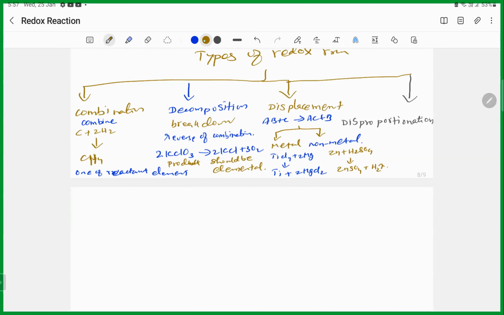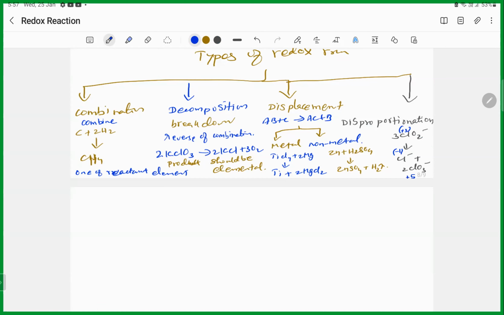For example, 3ClO2 minus, when it disproportionates, gives Cl minus plus 2ClO3 minus. When you check the oxidation state, chlorine is plus 3 here. Here it becomes minus 1, and here it becomes plus 5. So different oxidation states.